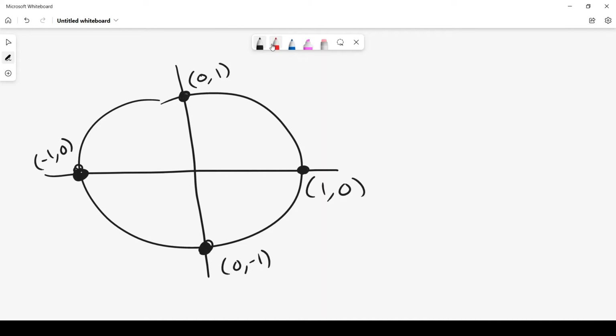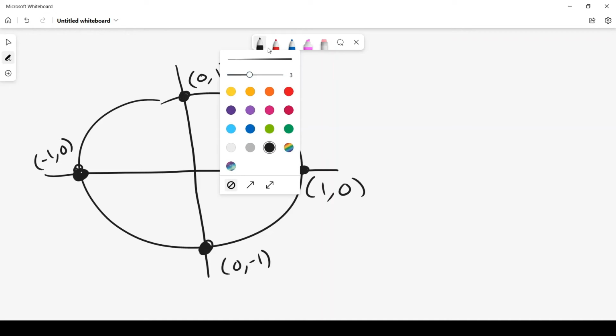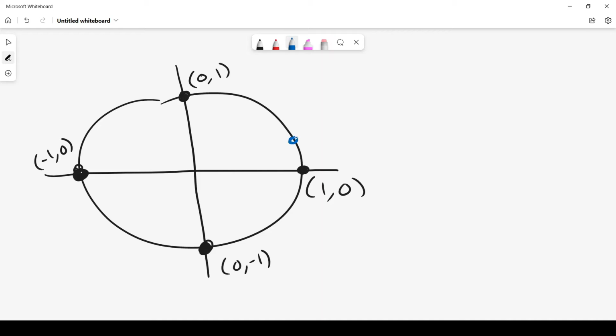And now what are we going to do? We know that we have 3 points along here on each of these quadrants. And so what I'm actually going to do is first focus on the x value. And notice that I'm going from 1 to 0 to -1 to 0 and back to 1.